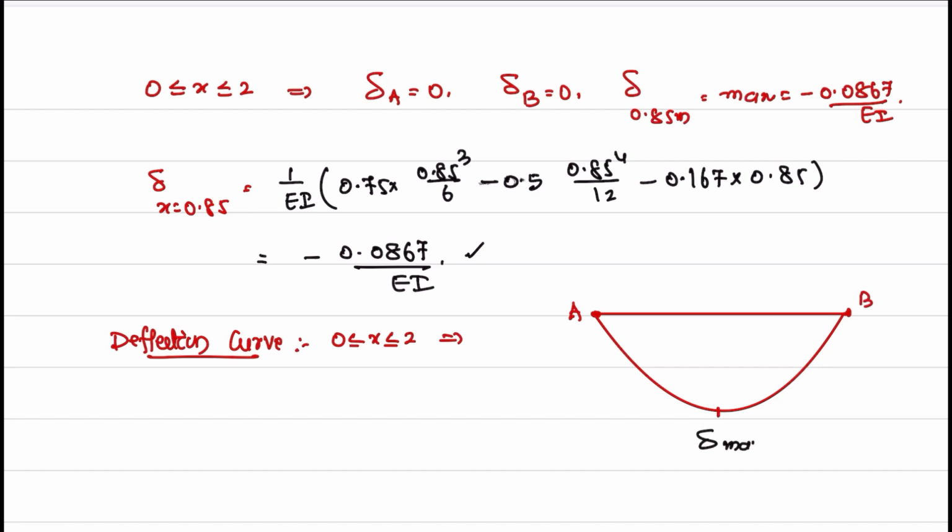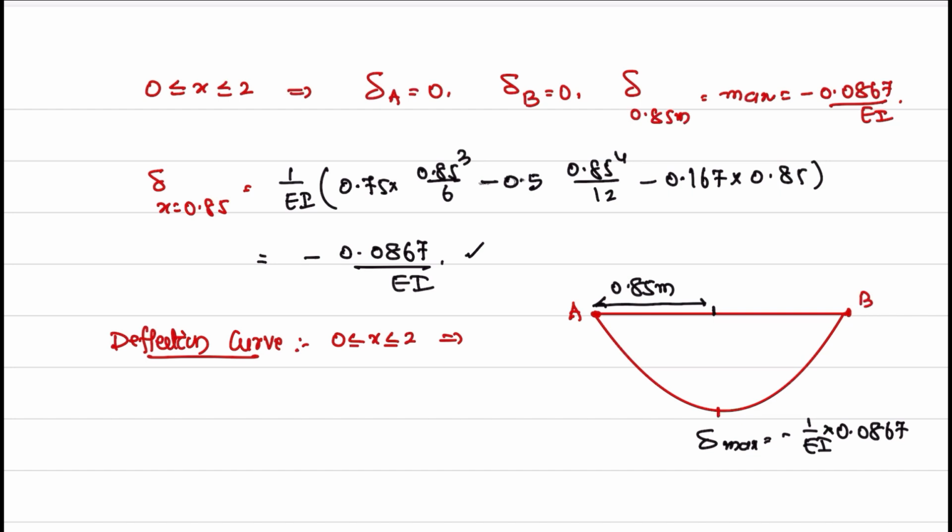Delta max is equal to minus 1 by EI into 0.0867, and it is at a distance of x is equal to 0.85 meters. This is the first part deflection curve.